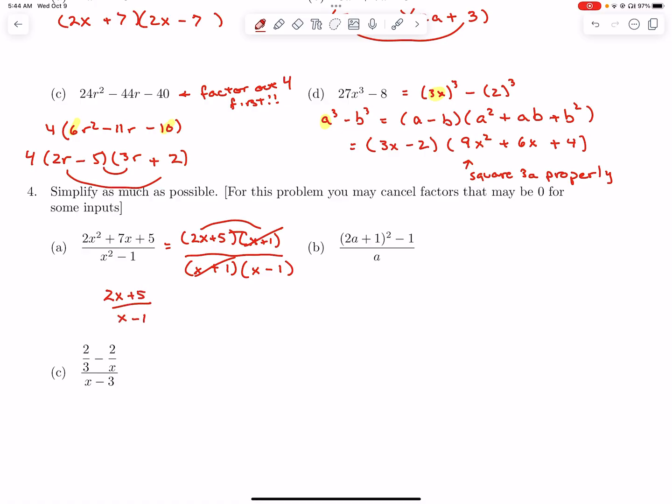Notice in this problem, if x is plus or minus 1, we have a vertical asymptote anyways. FOIL the top out properly. And then subtract off 1. I'll write this down.